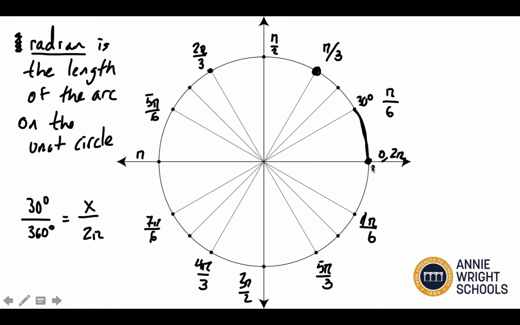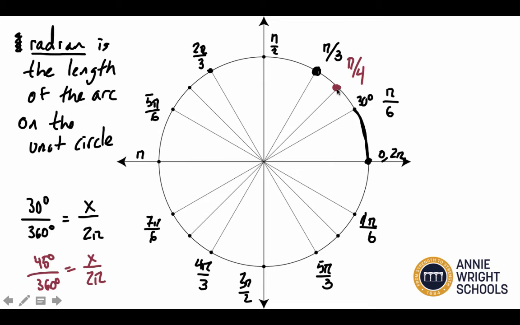Good? I can then do this with the other angle here. I could set up this ratio. 45 degrees is to 360 what x is to 2 pi. And if you solve that, and in terms of pi, notice the degrees cancel over here, you'll get that this is pi fourths. And I'll do the exact same thing.